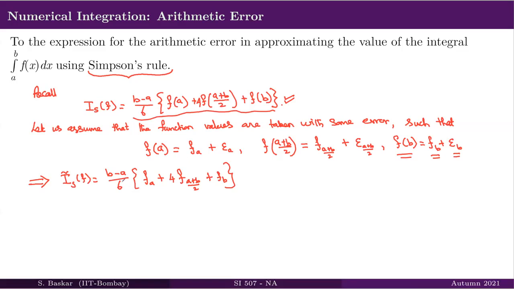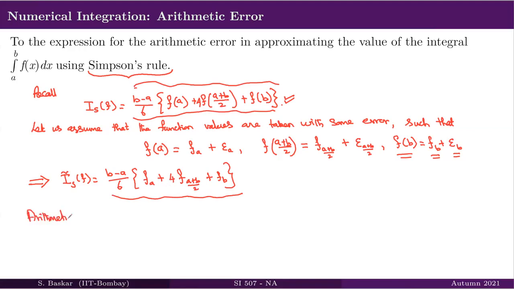Ideally, we have to also assume that there are some errors in the values of a and b, but for the sake of simplicity, we will only assume that the function values involve error, whereas the nodes are given exactly. Then instead of computing this expression, we will be computing this expression. Note that the expression is the same, but the values plugged into this expression are different, right?